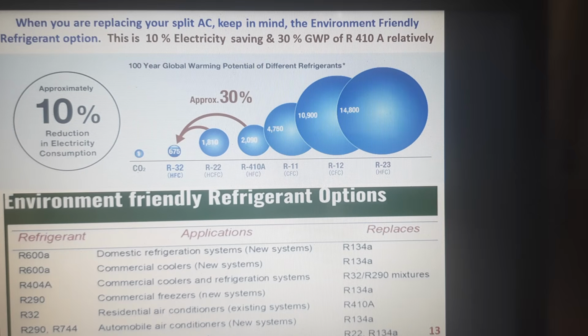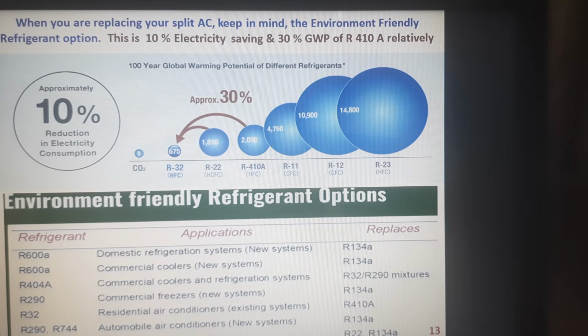So, you can see the global warming potential is around 675 for R32, whereas for R410A it is 2100. So, approximately 30% of the existing global warming potential you are able to reduce with the latest environment friendly gas. So, 10% reduction in electricity consumption also happens.